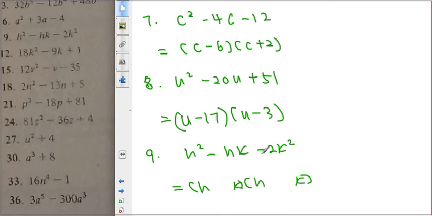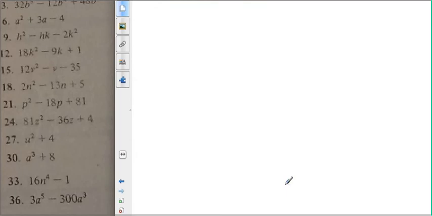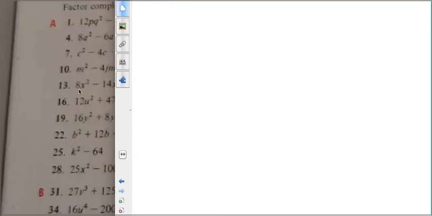But two numbers have to multiply to negative 2, which are the coefficients of k, but add up to negative 1, which is the coefficient of hk. Now, obviously that is negative 2 and positive 1. So that becomes our answer: h plus k times h minus 2k. Number 10.